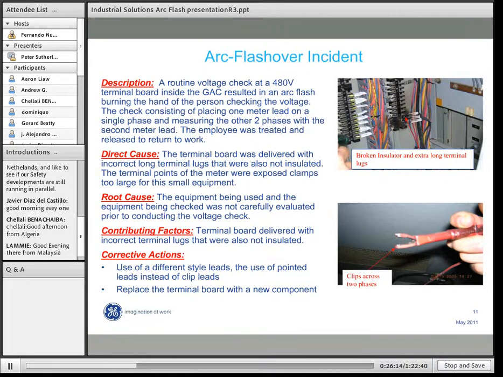So again, when doing any work with energized equipment, it's very important to inspect the equipment that you're going to be measuring on to make sure that it is set up so that you can actually do the measurement safely, and to use the proper test equipment and probes.